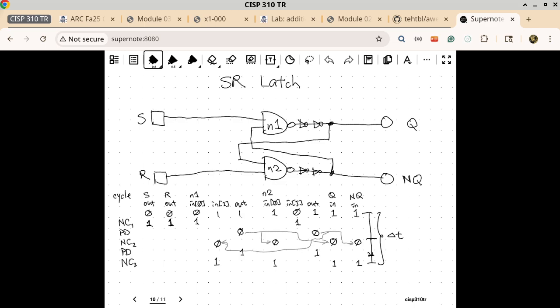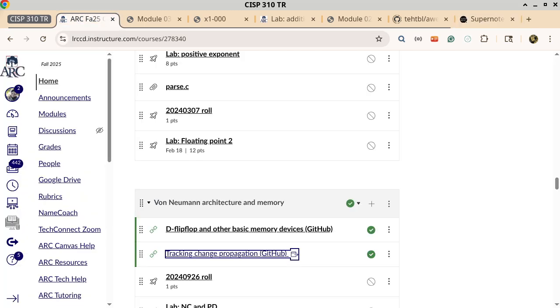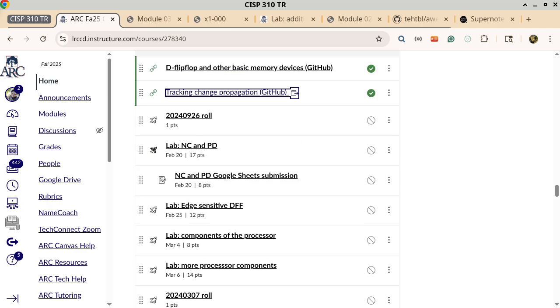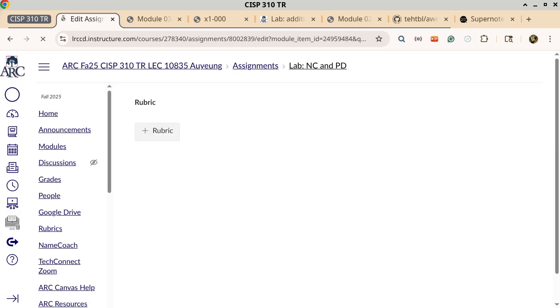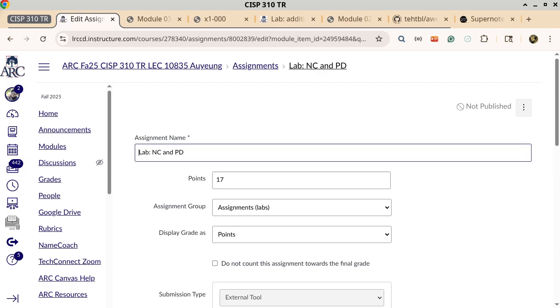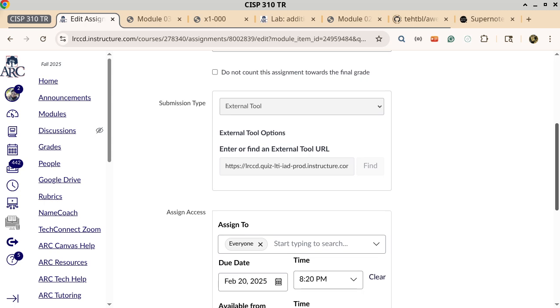Alrighty. So let's go to your lab today. I'm going to set up the lab right now, and I will set it up in a certain way so that people have enough time to do it. It's called NC and PD. The way I set this up is a little bit different from usual, so let me explain that as I set this up.